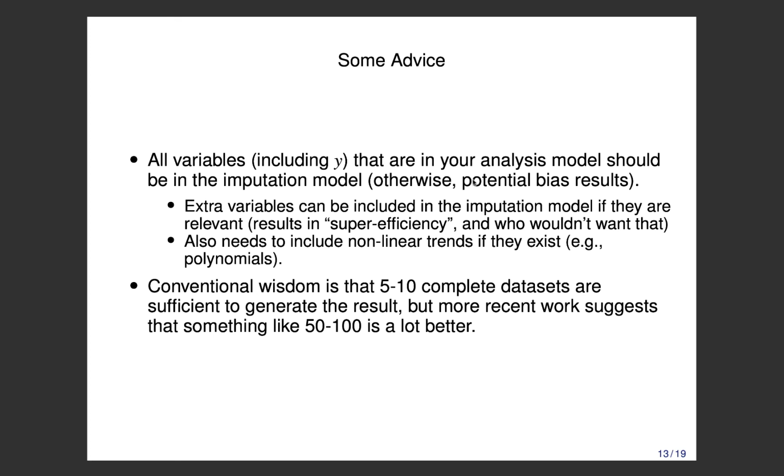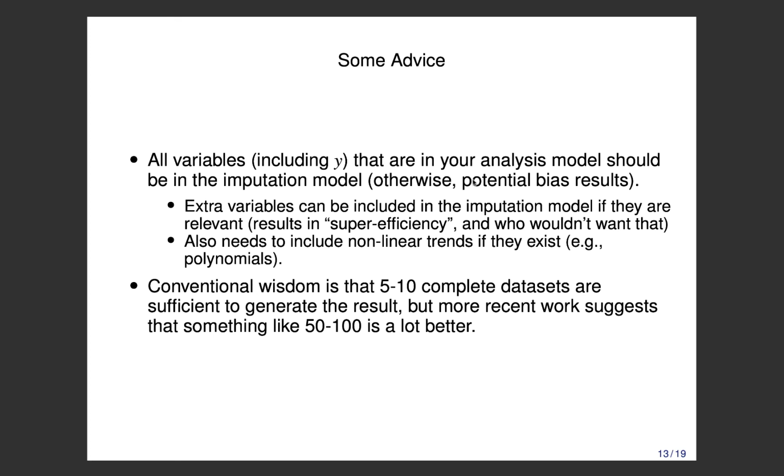Extra variables can be included in the imputation model. So if we're trying to impute an x variable, it might be that there are other variables that don't relate to y, but that do relate to x. And even though we may not have those in our ultimate predictive model for y, we may want to have those in our imputation model so we get good imputations of x. This is a situation that we would call super efficiency.